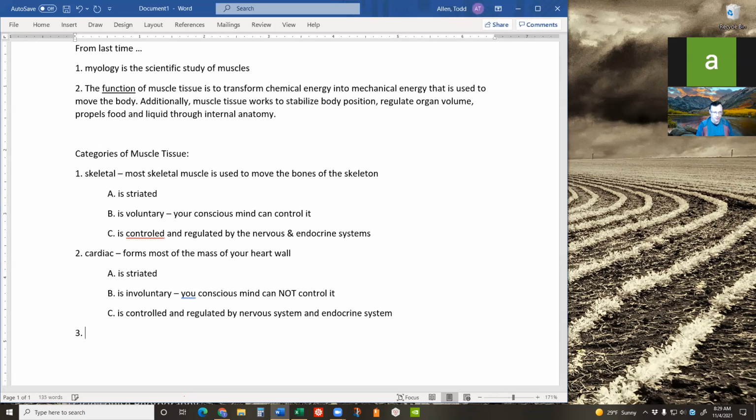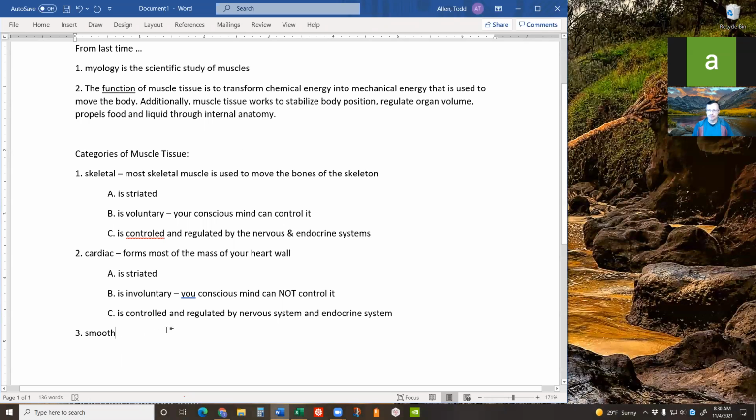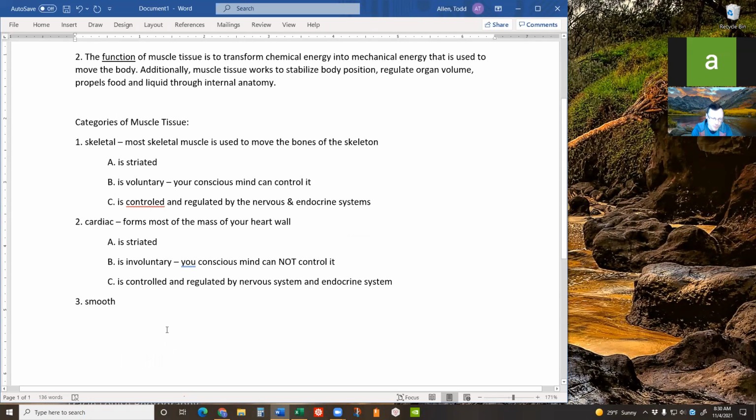The third type of muscle tissue that you know something about is the smooth muscle. Smooth muscle is found throughout our body. One of its most prominent locations is going to be throughout the tubing of the gastrointestinal tract. Okay. Also going to be found in the walls of your blood vessels.